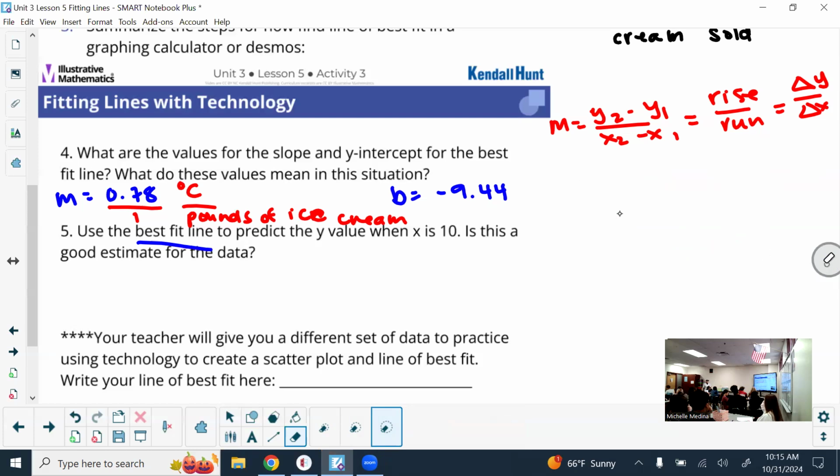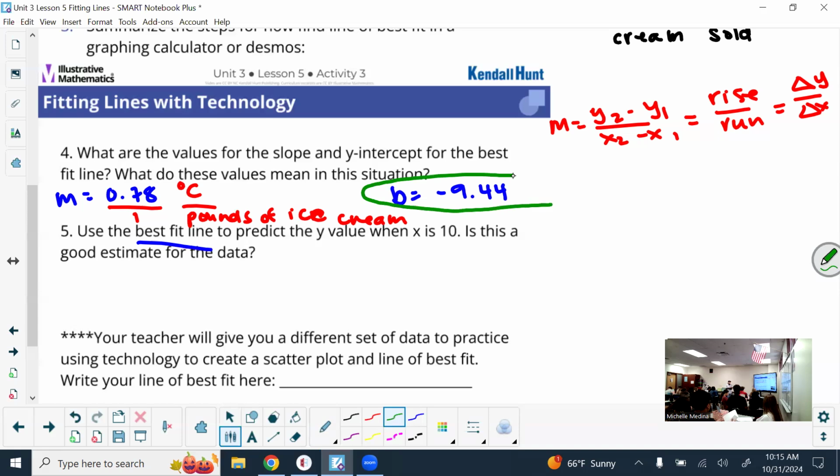Now for your y-intercept, where do you normally find your y-intercept? Yes. What about on a graph? Where do I find my y-intercept? The y-axis. It has a coordinate. So if this is my y-intercept, what is it as a coordinate?